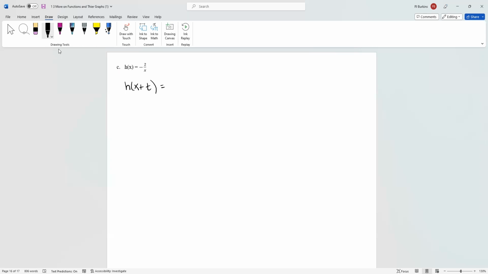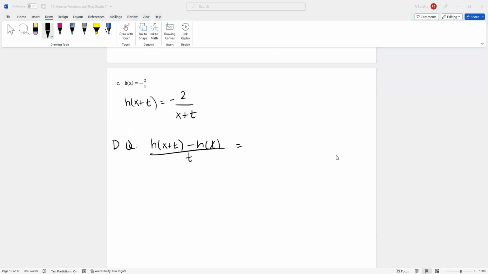Really bad choice of function naming there. So x plus t. All right, so I have minus 2 over x plus t. Okay. Now, for the difference quotient, I need to do h of x plus t minus h of x divided by t in this case instead of h.